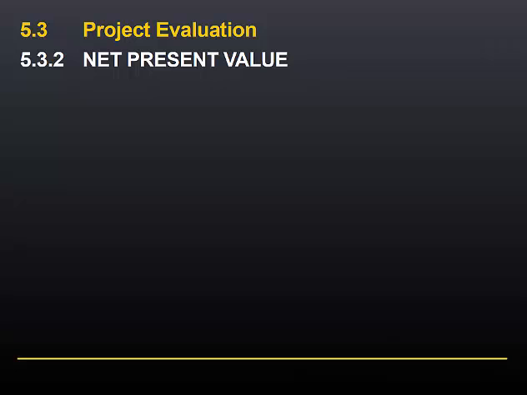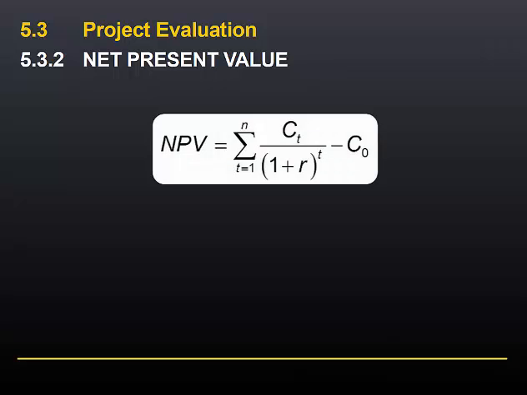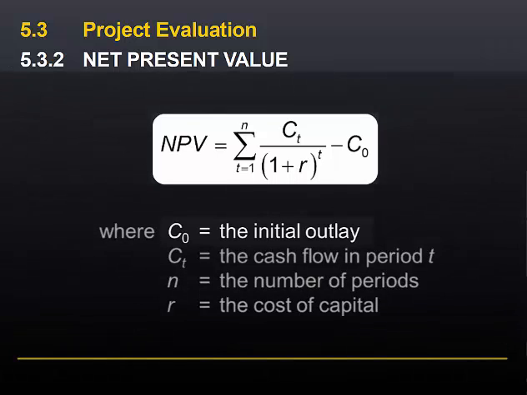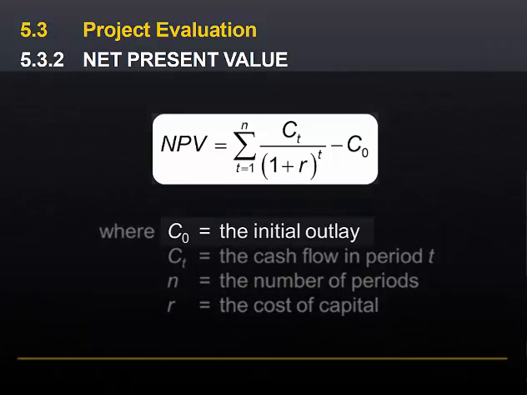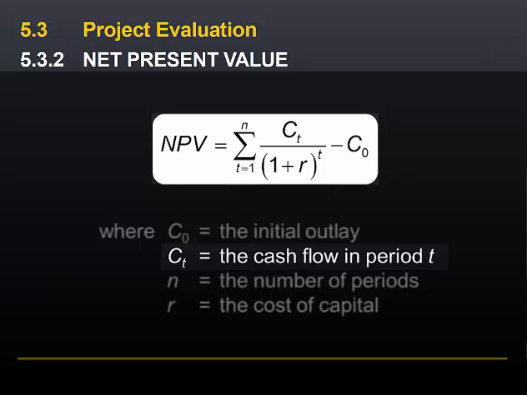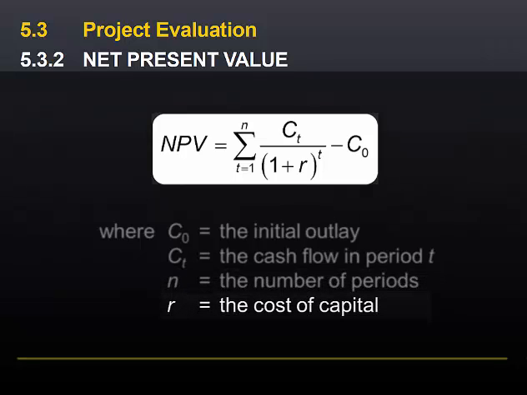Turning now to the calculation of NPV. This is a generic formula for the calculation, where C0 is the initial outlay, CT is the cash flow in period T or year T, N is the number of periods or years, and R is the cost of capital.